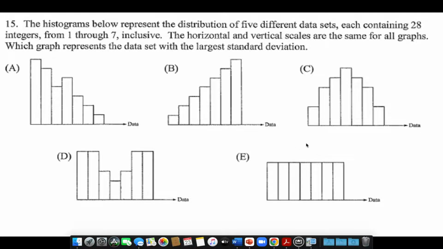So now that we know that, which one has the most stacked bars further away from the mean? The most stacked bars further away. Let's see. So B, we said the mean was right about here.